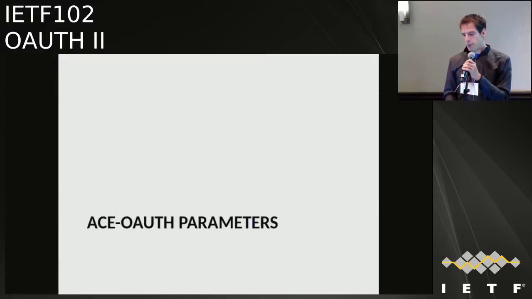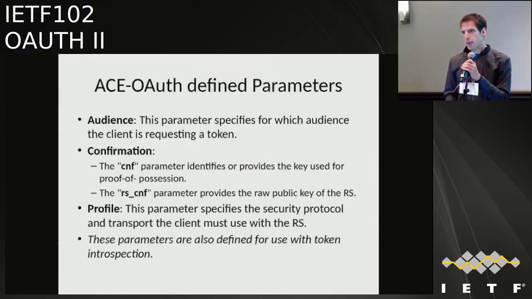Let me very briefly summarize, in case you haven't read the ACE OAuth document recently, the couple of parameters defined. I mentioned the first one in previous OAuth working group meetings. There's the audience parameter.